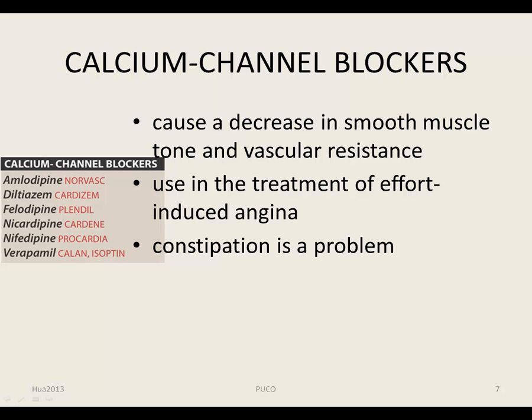At clinical doses, these agents affect primarily the resistance of peripheral and coronary arterial smooth muscle. Their use in the treatment of effort-induced angina relies on the reduction in myocardial oxygen consumption resulting from decreased afterload. As with all calcium channel blockers, constipation is a problem.